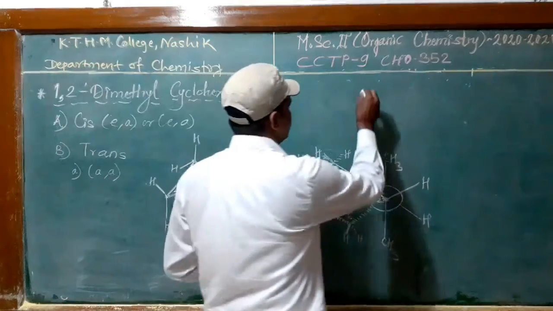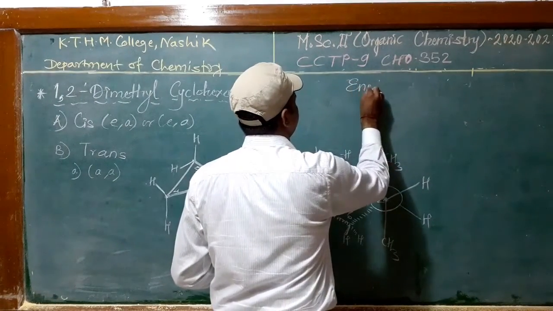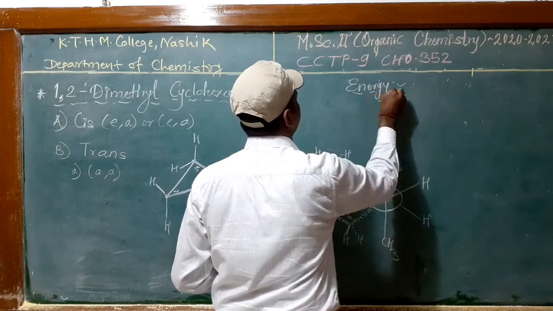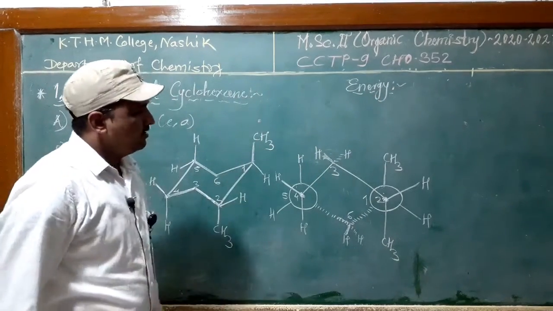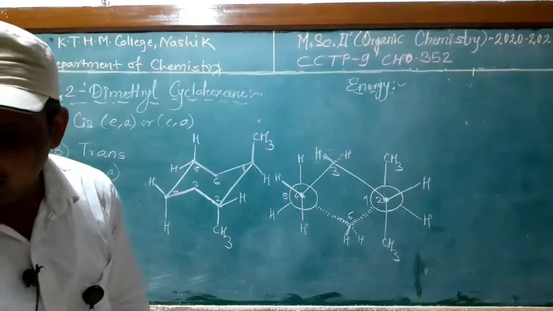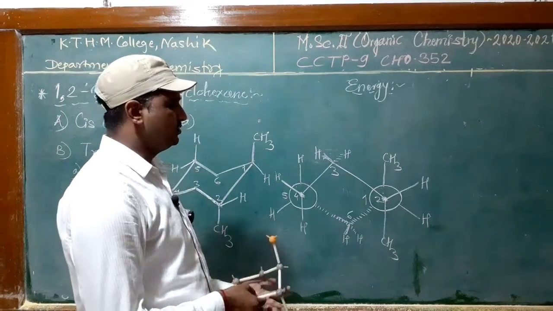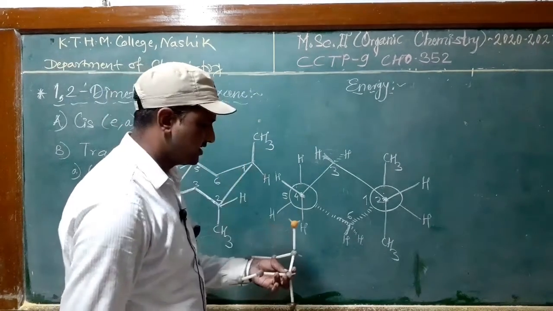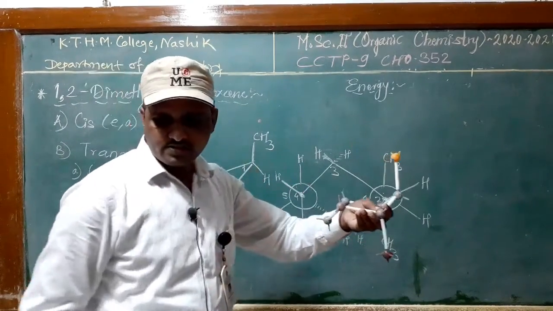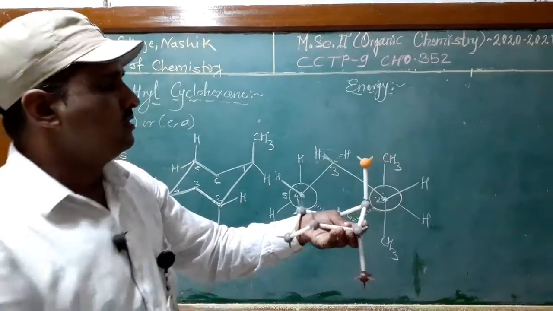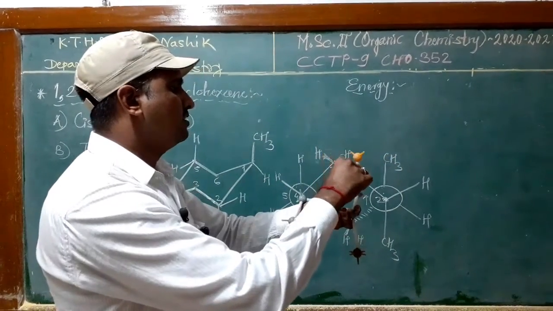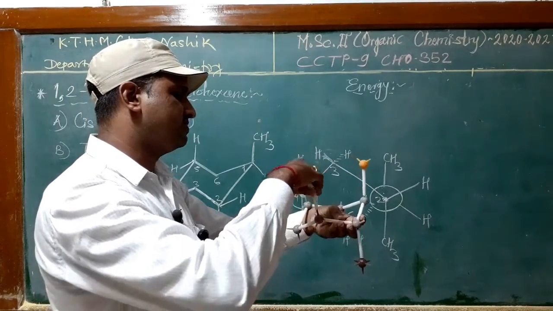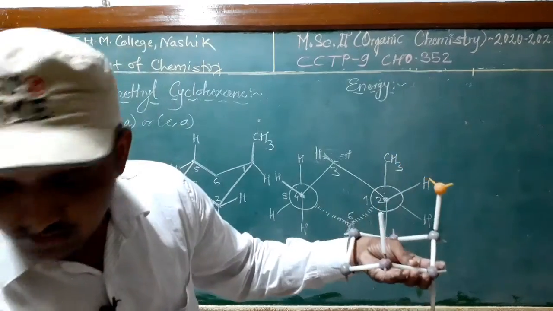Now the energy calculation. We know that whenever a substituent is present in the axial position, it creates two 1,3-diaxial interactions. So in this case, see this molecule, the carbon number 1 axial CH3 creates two 1,3-diaxial interactions like this.